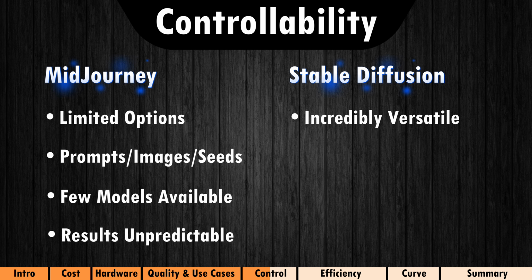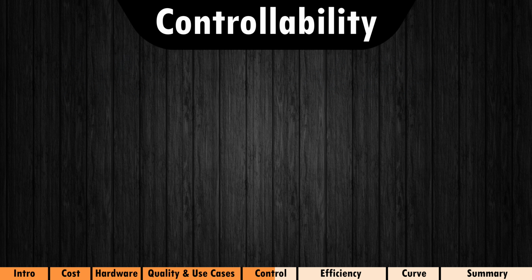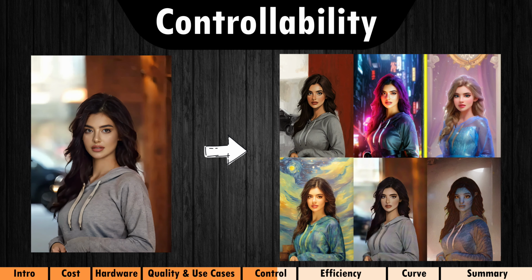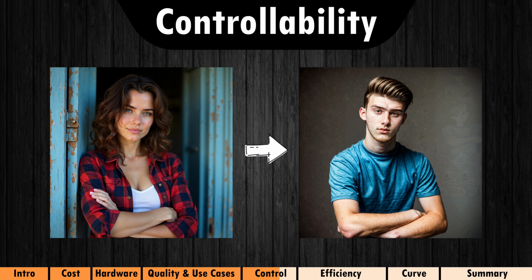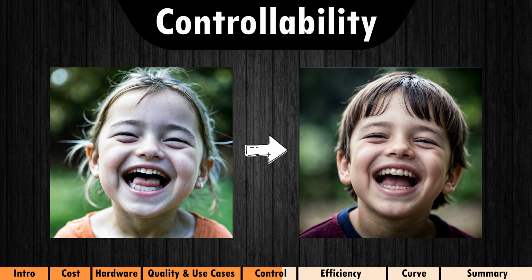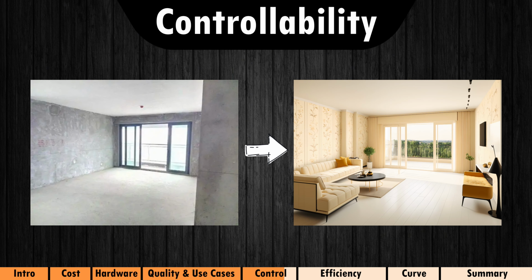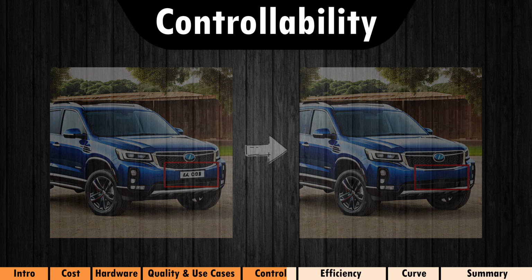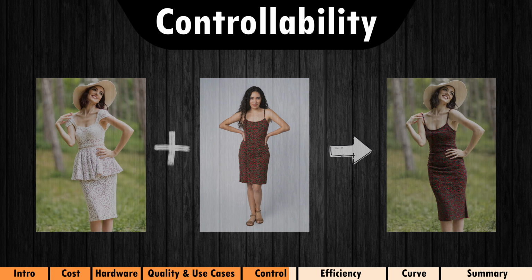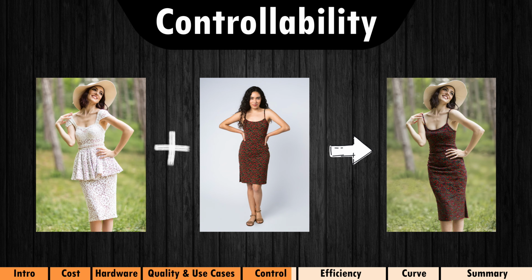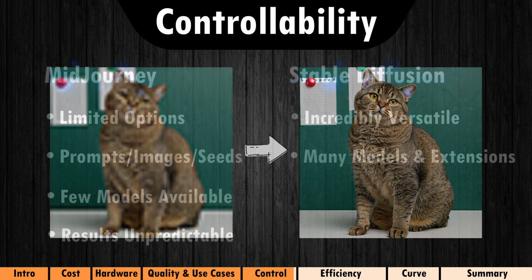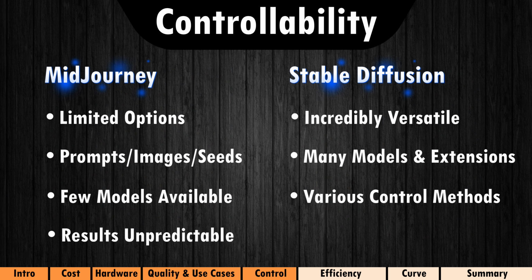With a wide range of models available and extensions like ControlNet, you can precisely control image style, figure poses, facial expressions, line art, and more. It also supports inpainting, outfit changes, high-definition enhancements, and many other features.